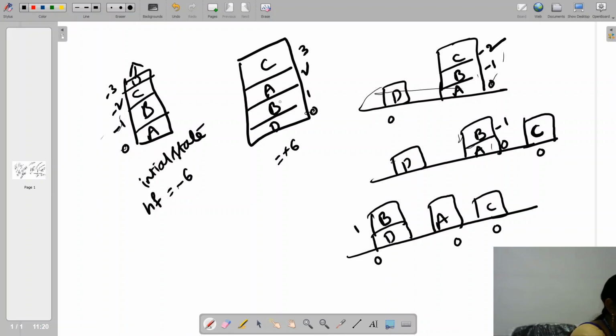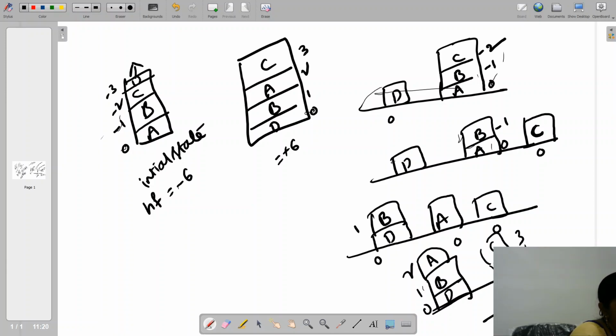Now after D I have A. You can keep that here on this D, B and A. So this is 0, 1, 2. And again the next step is D, B and A and C. So here it is 0, 1, 2, 3. I reached the heuristic function of 6. So this is the way we solve your problem.